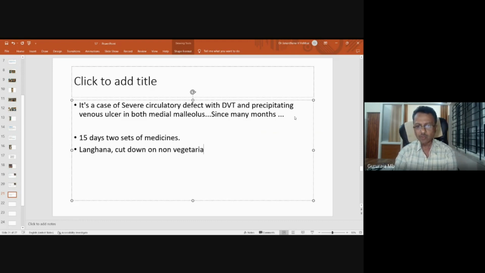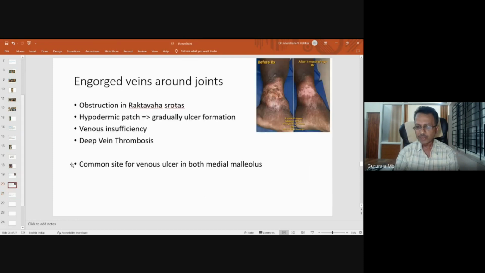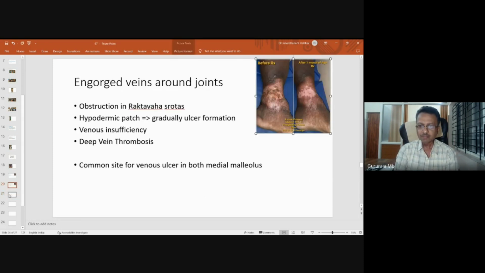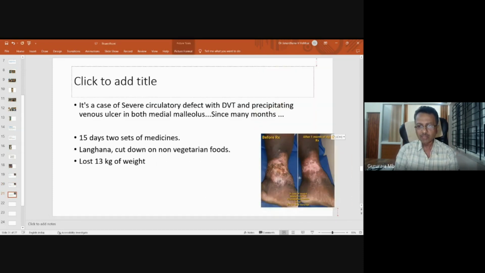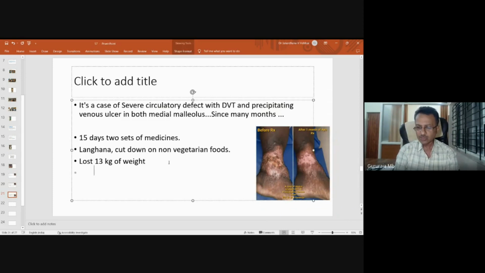In this 1 month he has lost 13 kilos just by controlling his food. The swelling has reduced considerably, pain is almost not there, and the burning sensation is also gone.